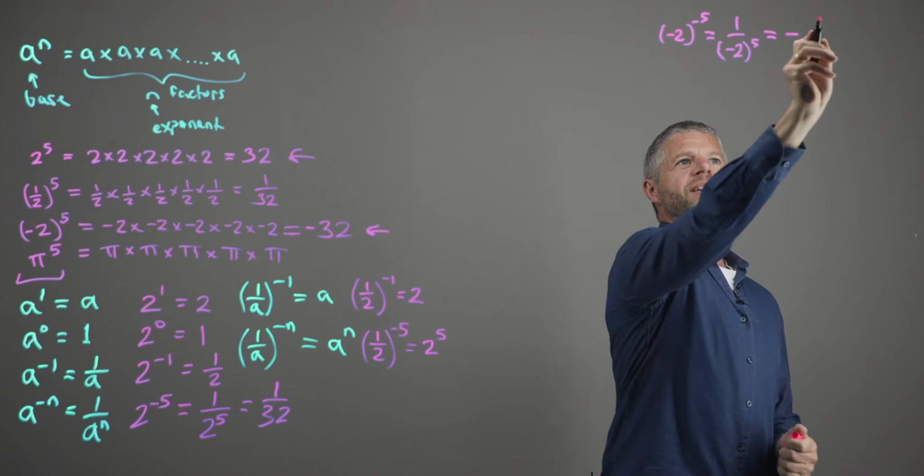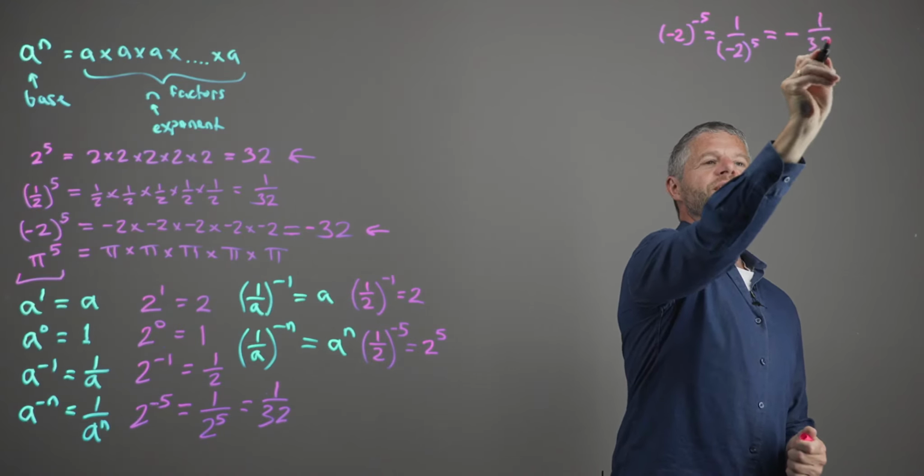A couple more examples. Let's do minus 2 to the minus 5. So that's going to be 1 over minus 2 to the 5. And minus 2 to the 5 was minus 32. So we're going to have 1 over minus 32, which is minus 1 over 32.